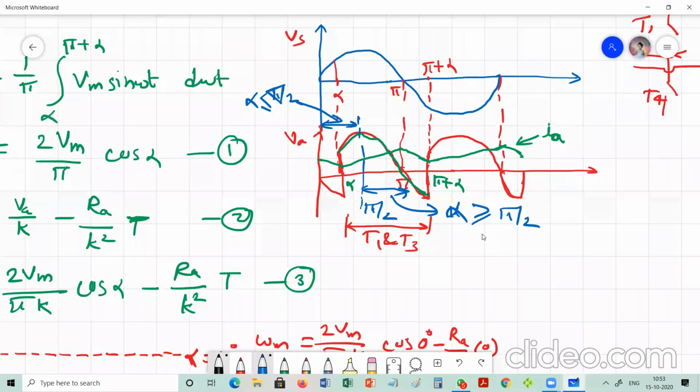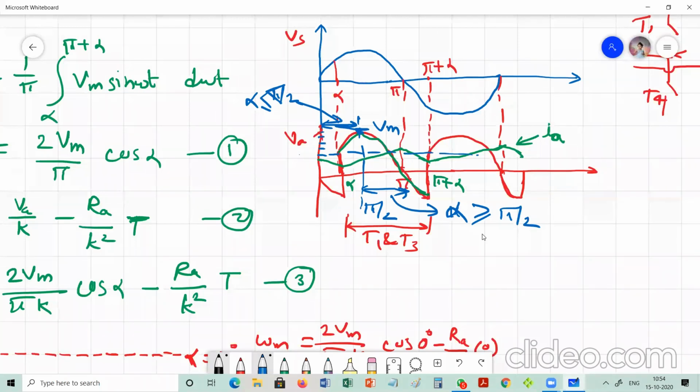Okay, so I will draw the line of E. When E is less than Vm, this is the point of Vm. At this point the value of input voltage is Vm. When E is less than Vm, obviously the switches are forward biased. This is the not condition of I equal to 0, so we have to shift this E to larger values.